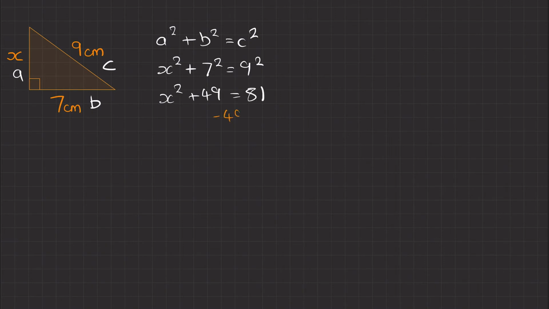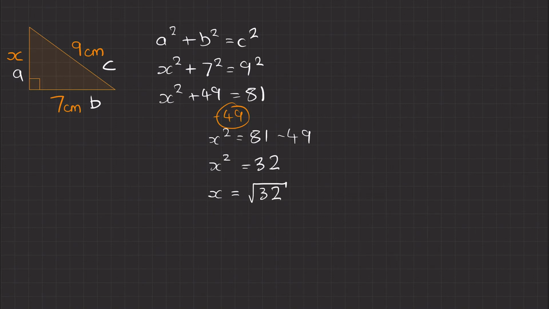Take away 49 from both sides to get x on a side on its own, so we'll have x squared equals 81 take 49, x squared equals 32. And then square root both sides, so we'll be left with x equals the square root of 32. Pop that into your calculator and we'll be left with x equals 5.66 centimeters to 2 decimal places.